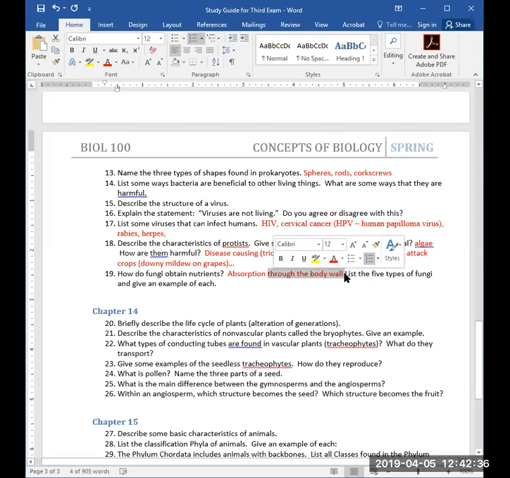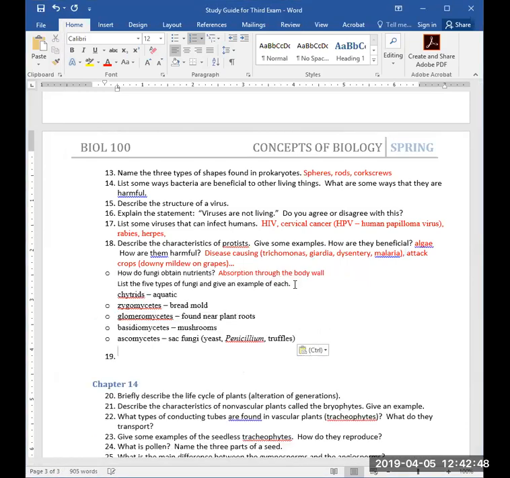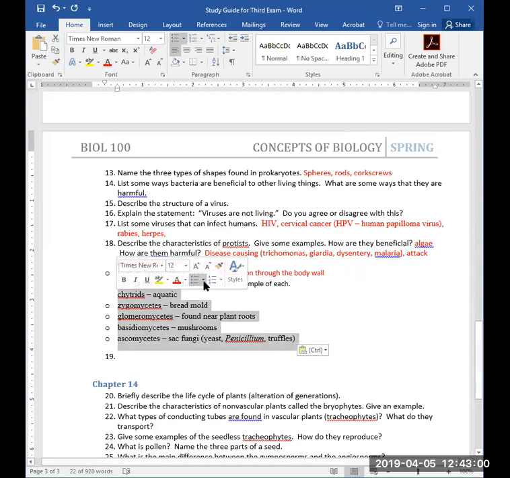So what are the 5 types of fungi? And give an example of each. So I'll just cut and paste that. Oops, darn.